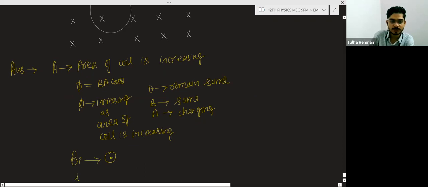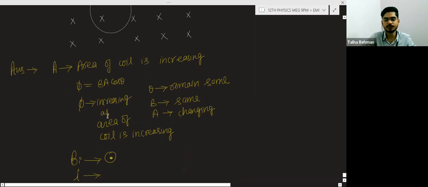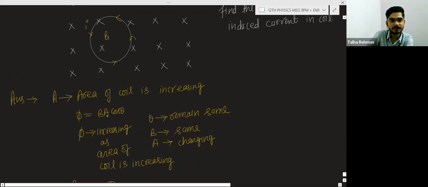So the induced current in the coil will be, see, this direction represents the outward direction. So point your thumb in the outward direction and curl your fingers. The sense of curling of your fingers will give the direction of the induced current. So you will get the direction of the induced current as anti-clockwise, because the direction of the induced magnetic field will be outward.